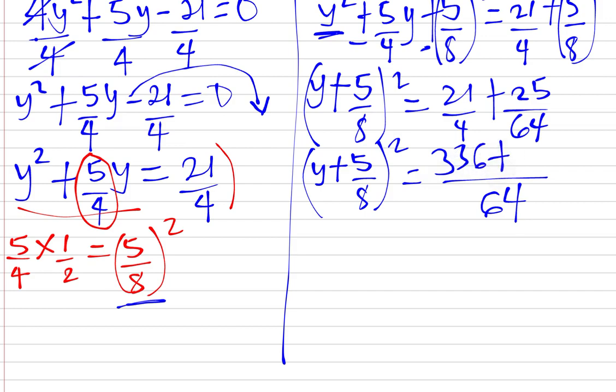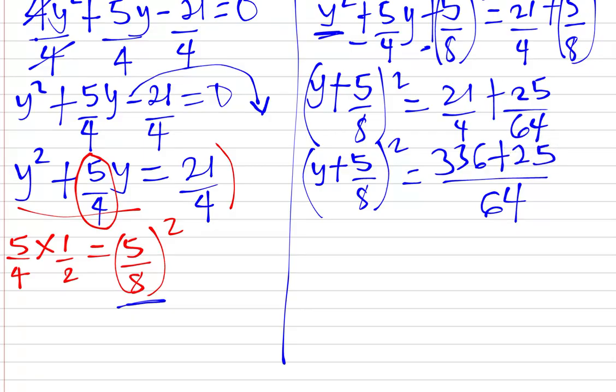Then 16 times 21 will give us 336. 336 plus, 64 in 64 will give us 1. Then 1 times 25 will give us 25. Are you seeing that?